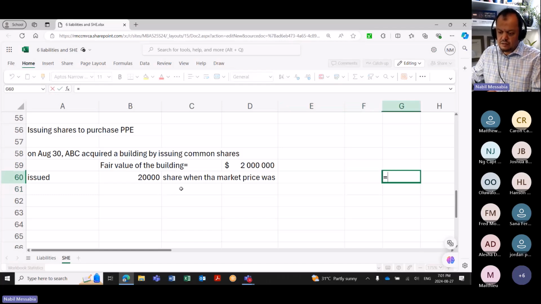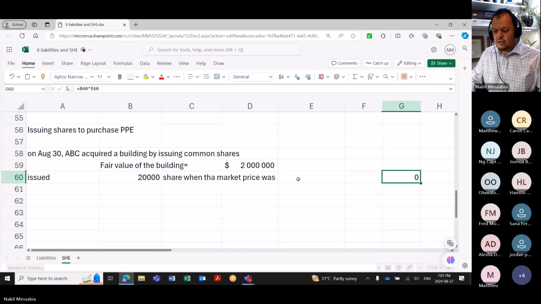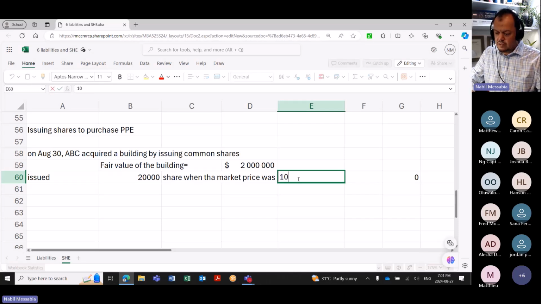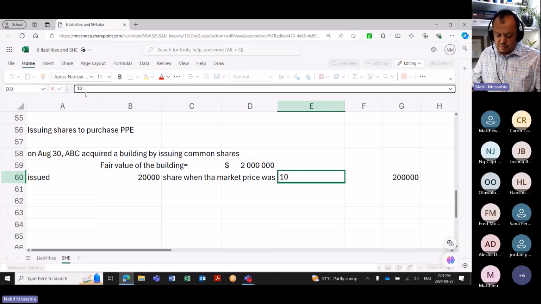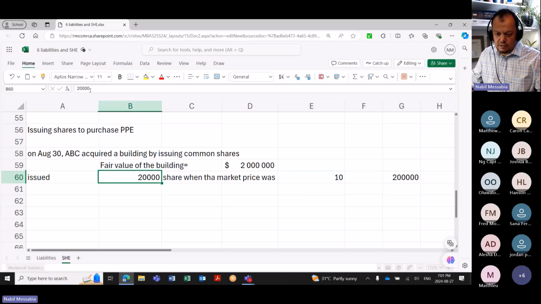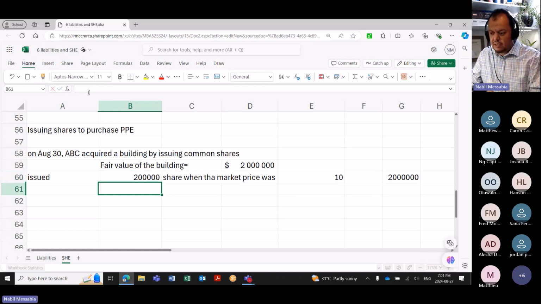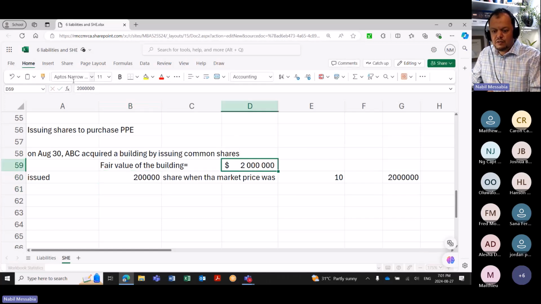Just to make this multiplied by this. If I make $10, no, $100. If I make it, let's make it here 200,000. You know what I mean. I need to go to an amount which is slightly different.